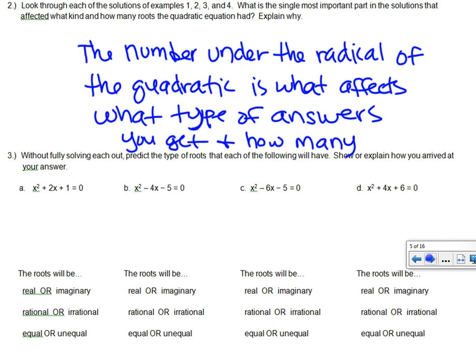Okay, so the number under the radical of the quadratic is what affects what type of answers you get and how many. So with problem 3, why is that important?